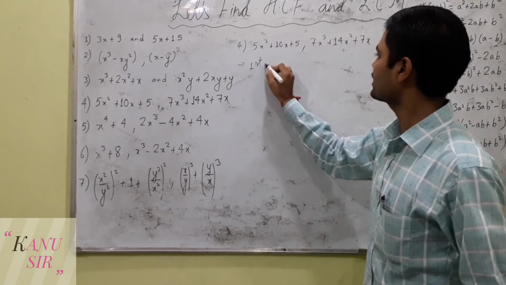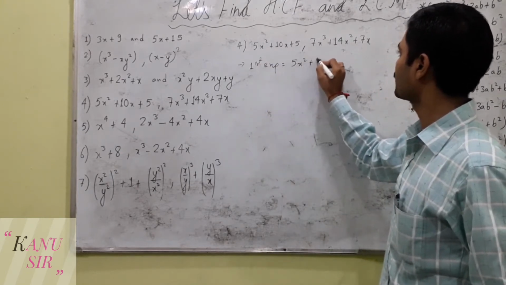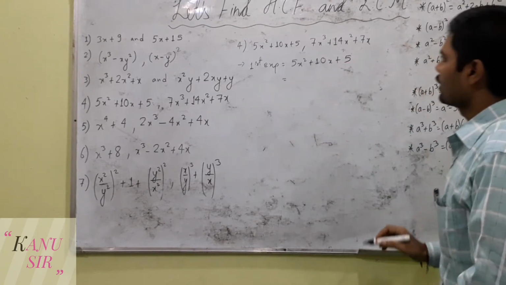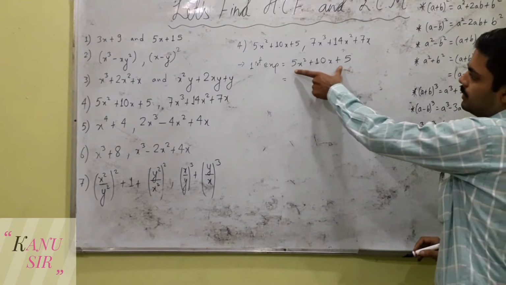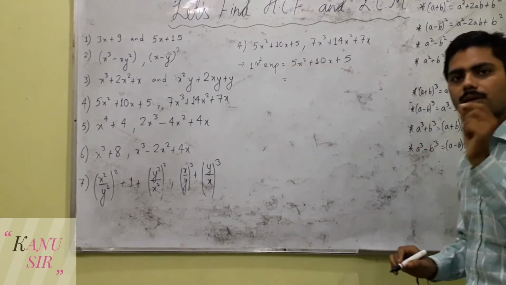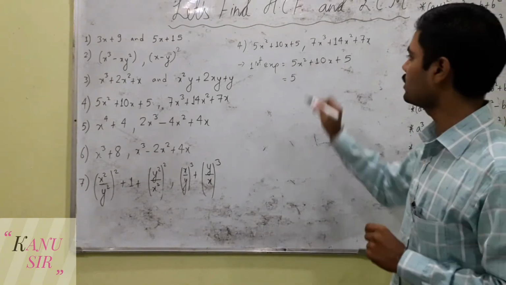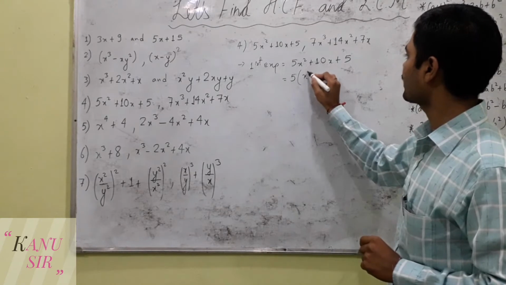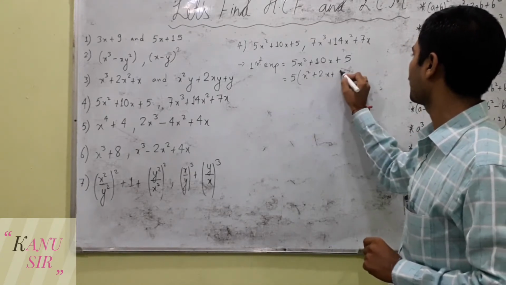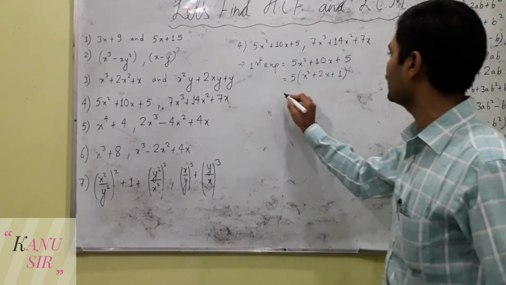So the first expression we'll be writing as 5x square plus 10x plus 5, and if you carefully understand the question, then 5, 10 and 5 are multiples of 5. So we can take 5 out as a common number, then x square, 5 times 2 is 10, 2x, and 5 times 1 is 5.